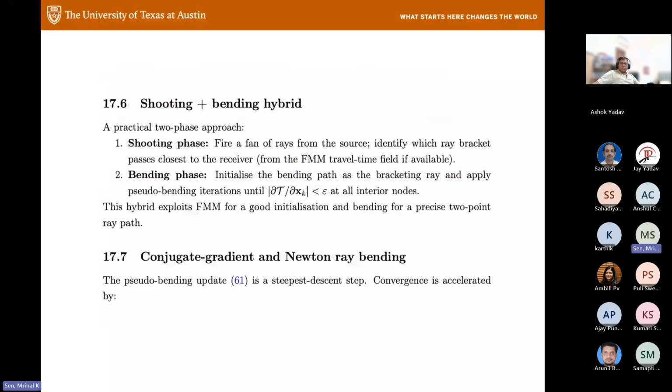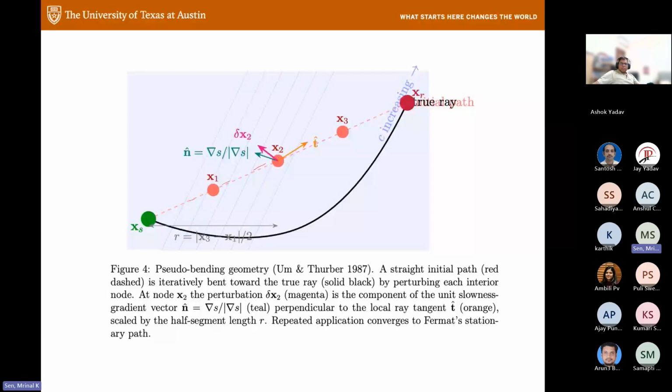Okay, so here is a diagram. This is your initial ray path, and this is your true ray path. Now you look at different points along the ray, and you want to move them along certain directions.